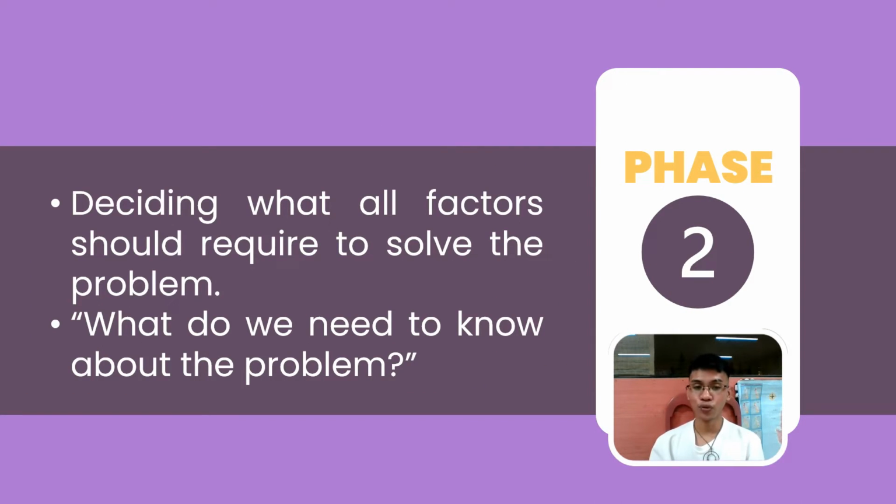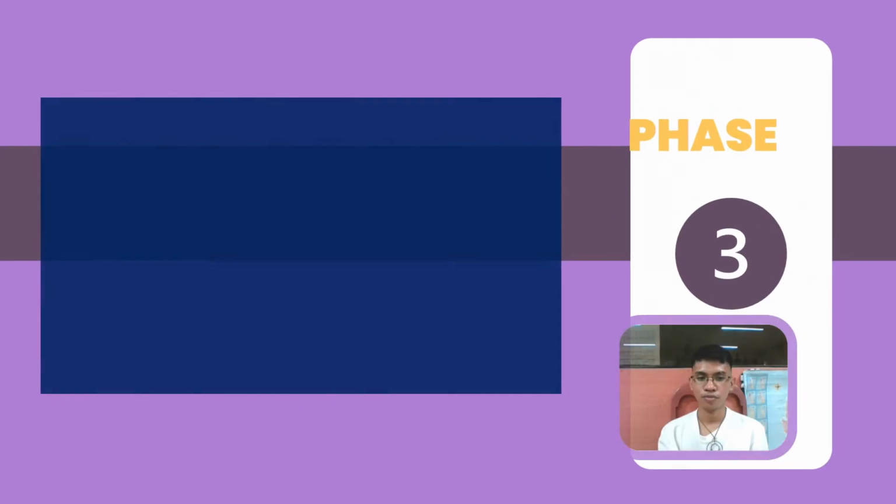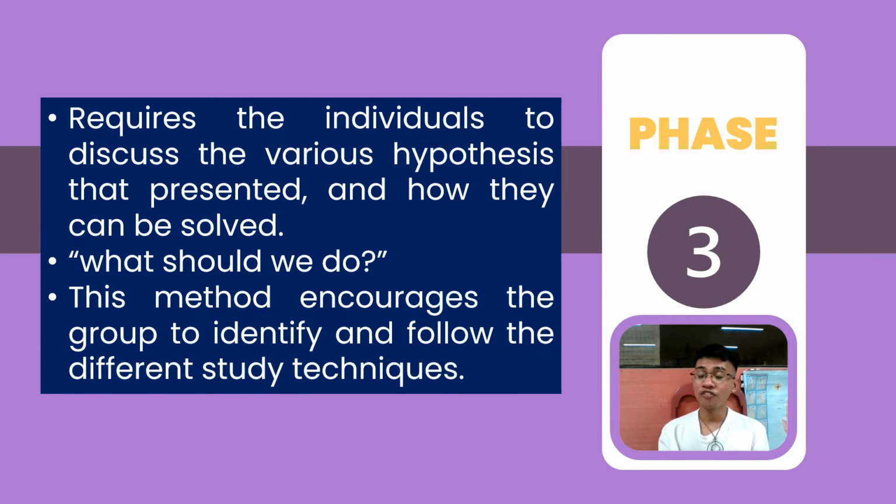In phase 2, the learners must decide what factors they require to solve the problem. Then they must answer the question, what do they need to know about the problem? In phase 3, the last phase, this requires the individuals to discuss the various hypotheses that are presented and how they can be solved.